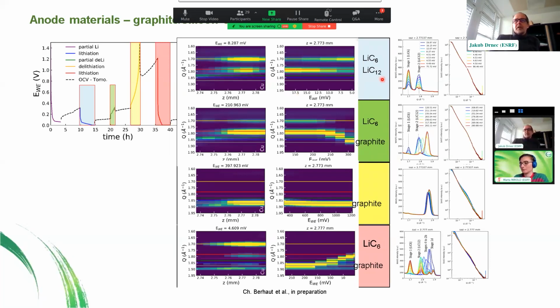This is the typical experiment, nothing really fancy. You can distinguish a few different positions of this graphite peak, corresponding to either full lithiation, like LiC6, or partial lithiation, LiC12, or fully delithiated, which is here. As you charge and discharge, the ratio of the peaks changes, and the peak moves around a bit.